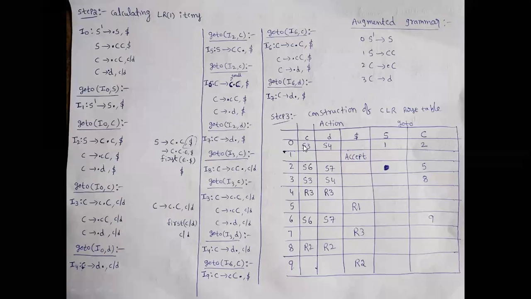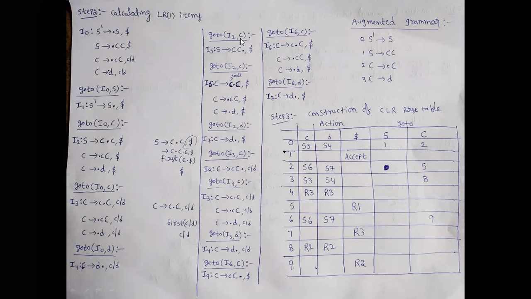Then go to of I naught comma small d: in the 0th row under small d, I4 becomes S4. Next, go to of I2 comma capital C.